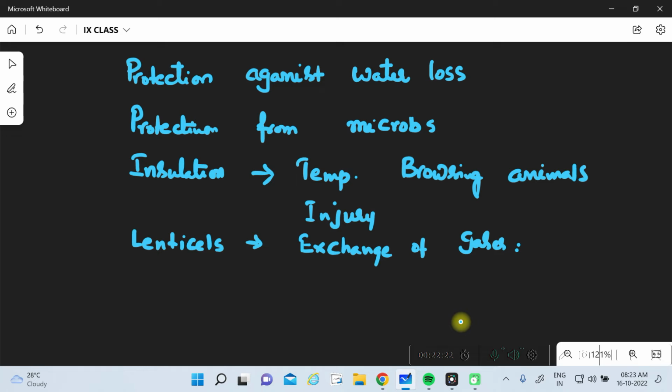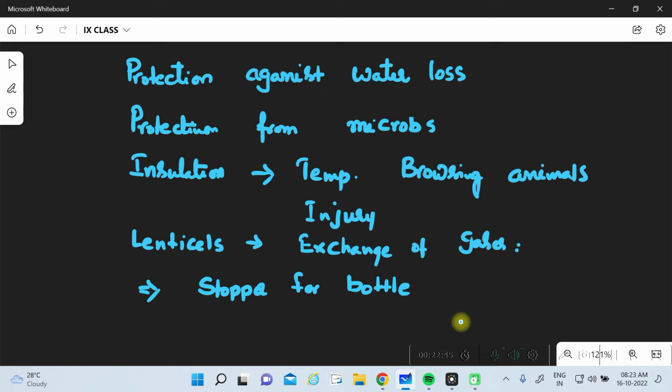Basically, it is commercially used in stoppers. You can see stoppers for bottles. All the bottle caps have a part at the bottom which is made up of cork.